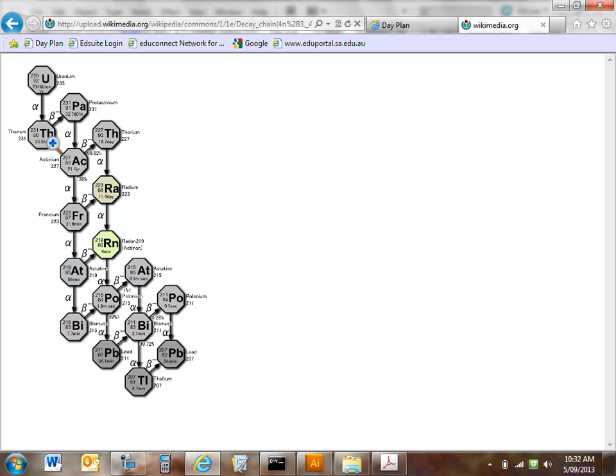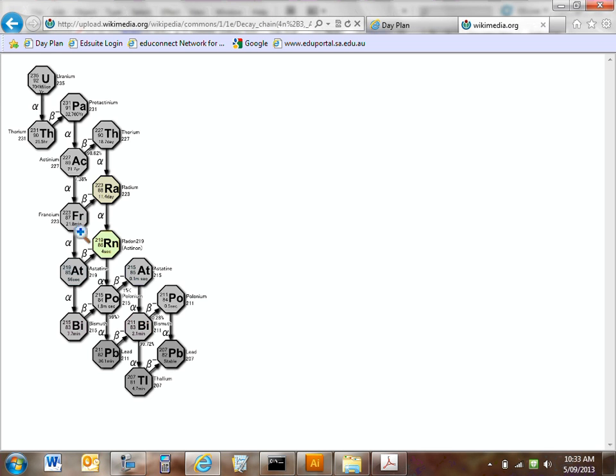It becomes thorium, an isotope of thorium. Then it becomes protactinium, whatever that is. Then it becomes actinium. Then it becomes thorium again. Different isotopes, radium, francium. Francium is, for instance, the most unstable element there is, apparently, and so that wouldn't last very long at all.